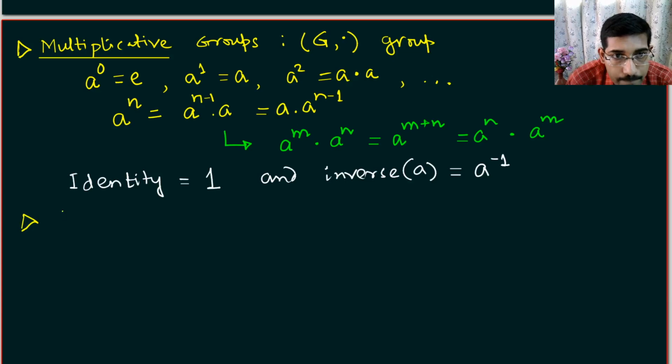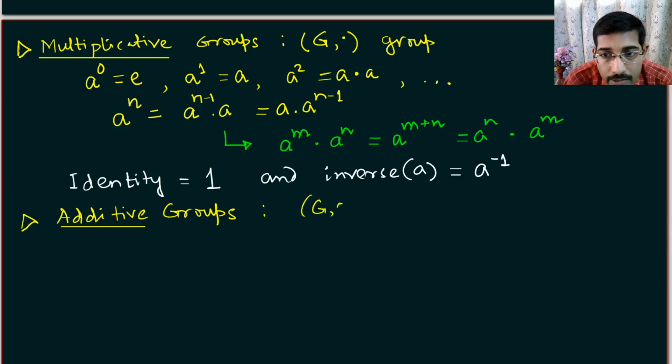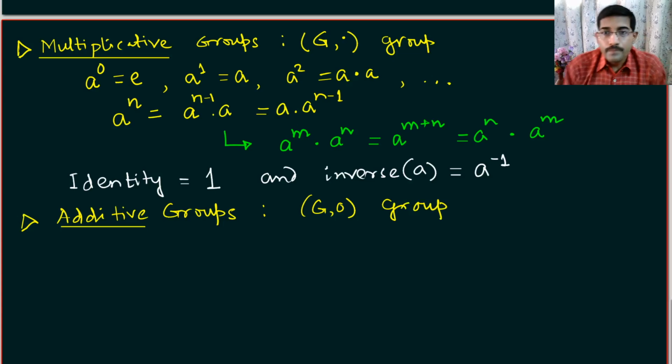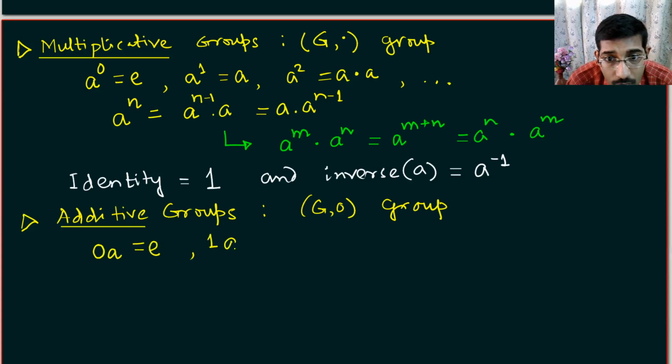Now, for the additive groups, again here G, O is a group. For an additive group, I will write it this way: 0A is my E, 1A is my A, 2A is basically A plus A. Just a clarification, this is additive, so I need to have addition.